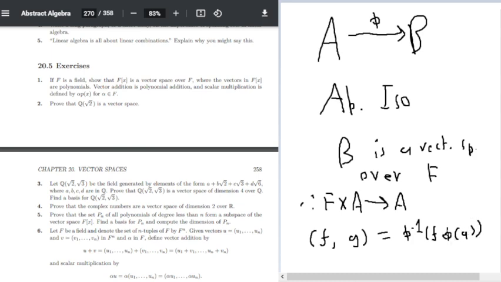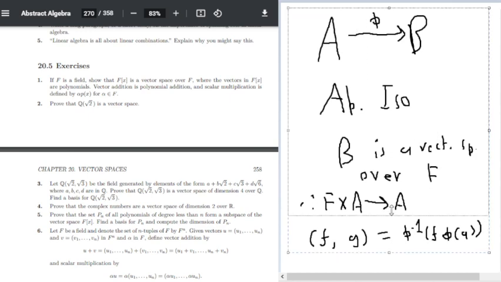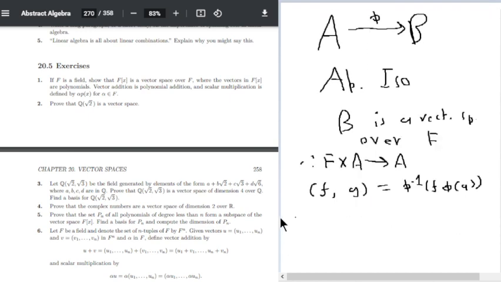What this does is it takes a, moves it to B, applies f, and moves it back. And now what we want to say is that given this, we have that A is a vector space over F.